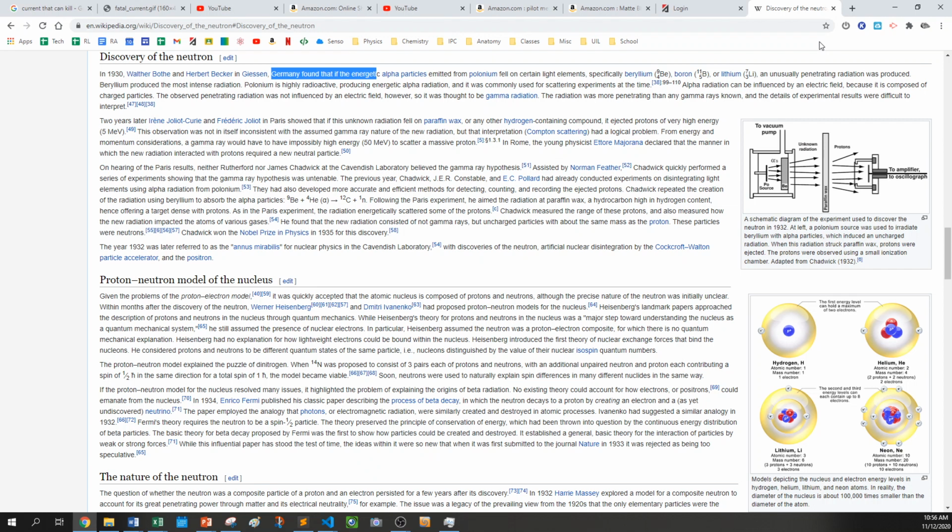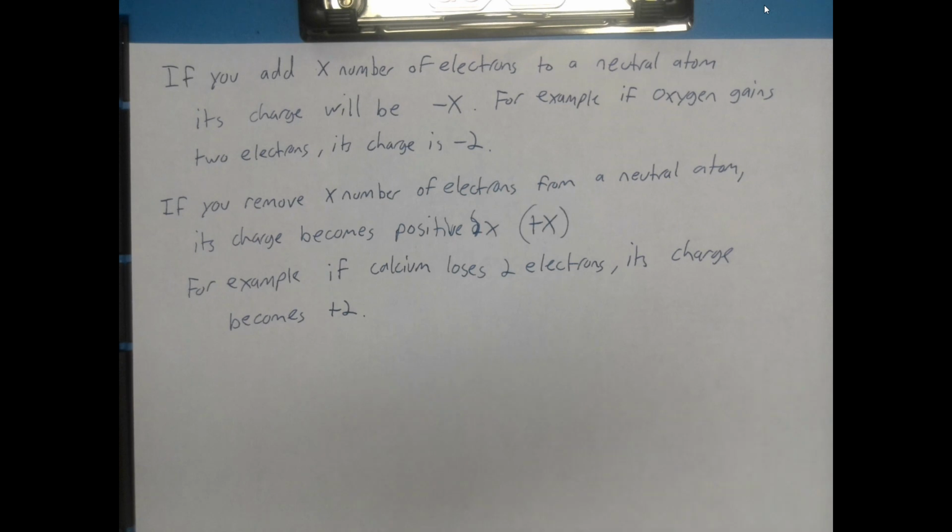They knew that this radiation had to be neutral, because if it had a charge, it would have been deflected by the material. They assumed it was gamma radiation, but what James Chadwick did was he fired alpha particles. Y'all remember what alpha particles are?